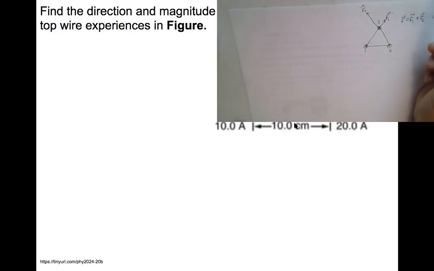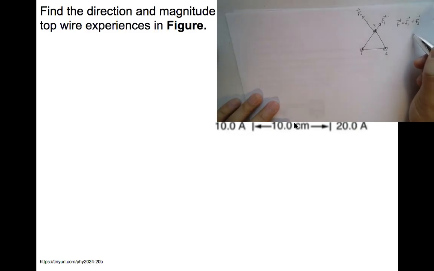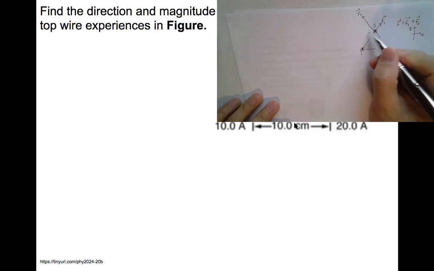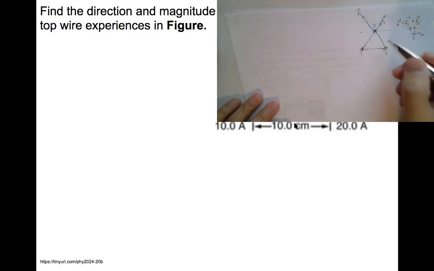Now for vectors, we're just doing the x and y components. So we will set up an x component and y component. We will set x to be to the right horizontally, y to be vertically upward. So then this angle, we know it's going to be 60 degrees.